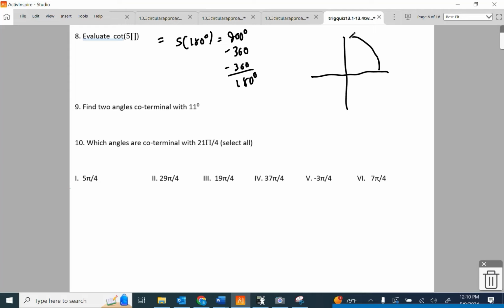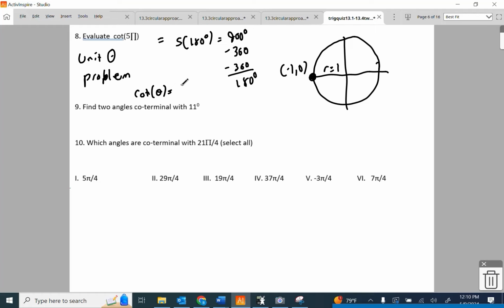Now, if you'll think about the unit circle here, this is a unit circle problem. I would be at 180 degrees at -1, 0. And if I'm thinking about the unit circle, the radius is 1. This is really what we do. And I know that the cotangent of an angle when using the unit circle is x over y.